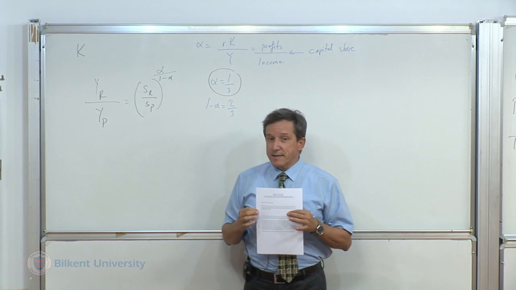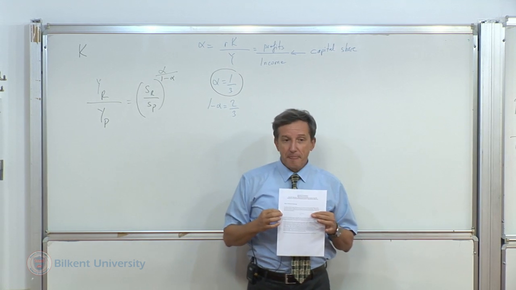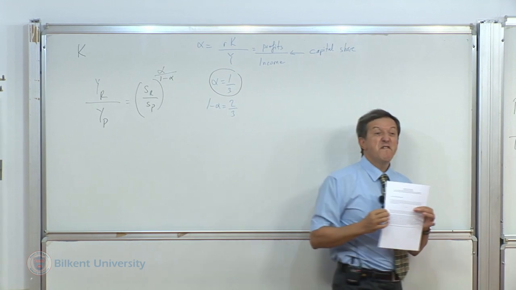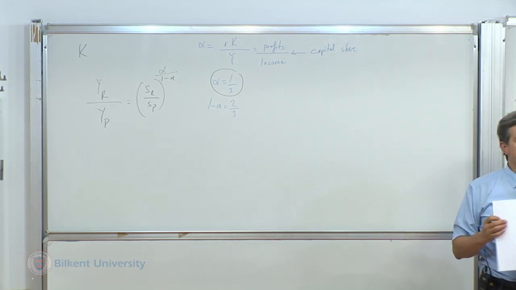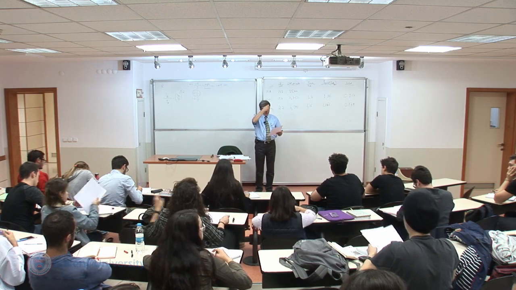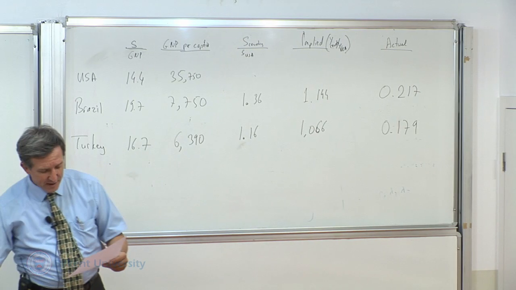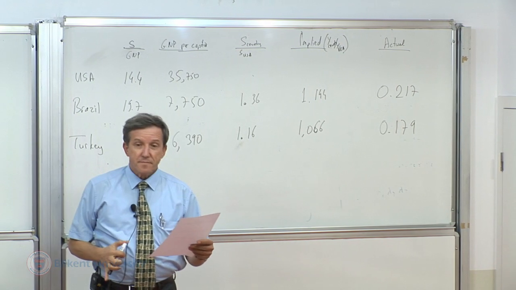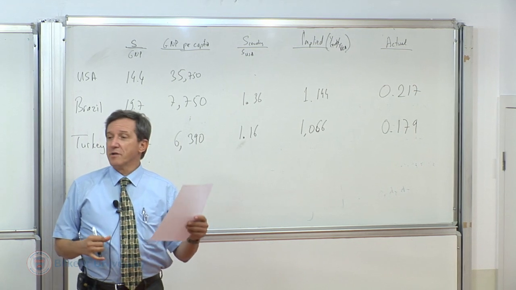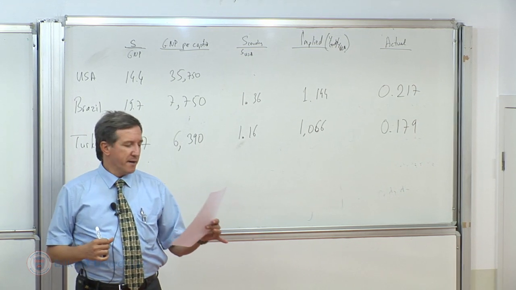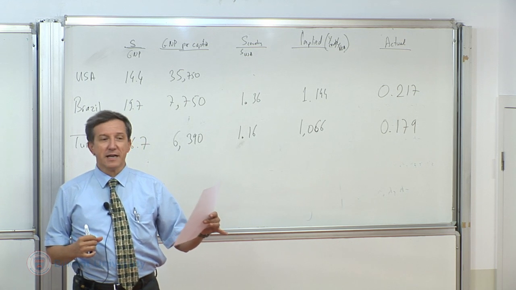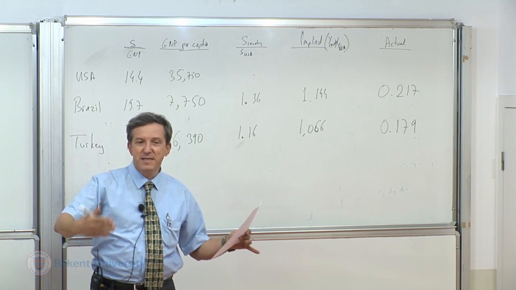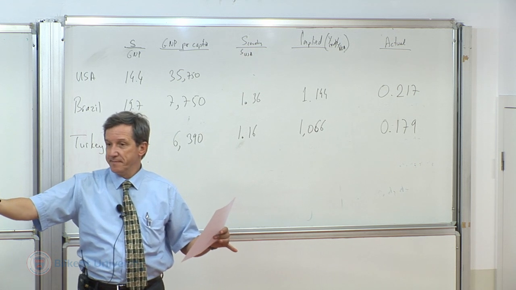Take United States per capita income data, and for the saving ratio, now this is crucial and funny. I will advise you to take the share of gross capital formation in income. Gross capital formation means gross investment.